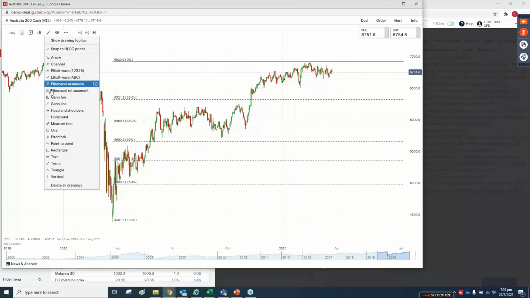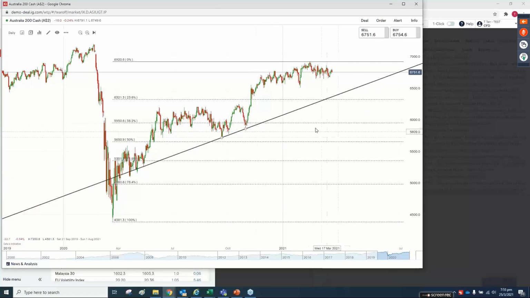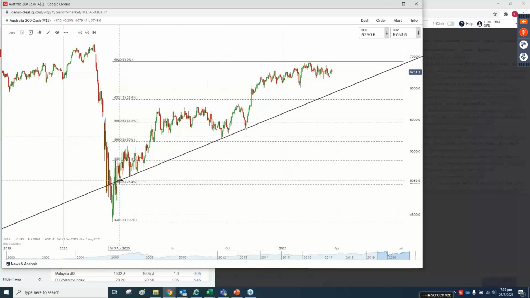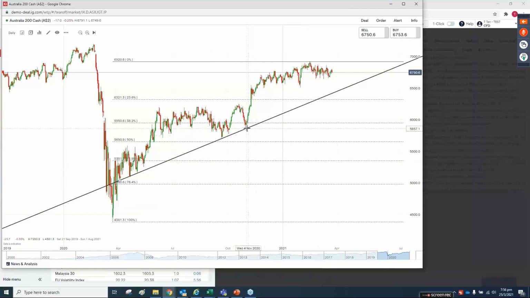Let's draw in a long-term upwards trend line first. So this is a potential upwards trend line. And if I want to actually include a little bit more points here, I would then shift this to here to include these points in.